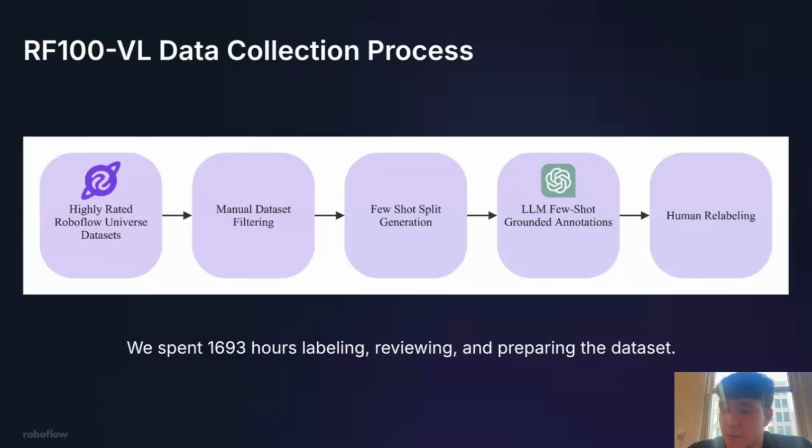And then we took those few shot examples with the objects in them. An important detail here is that we made sure the few shot examples include 10 instances of each class in the data set.